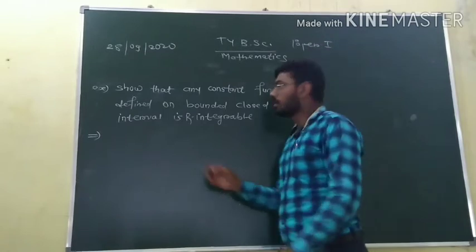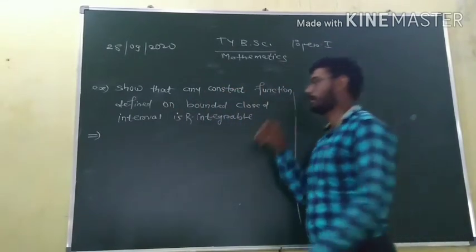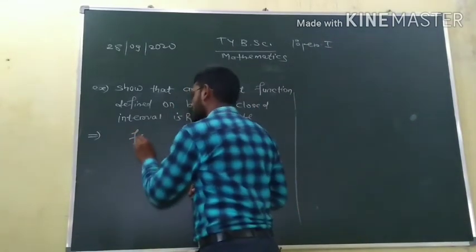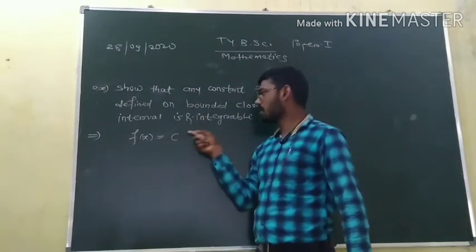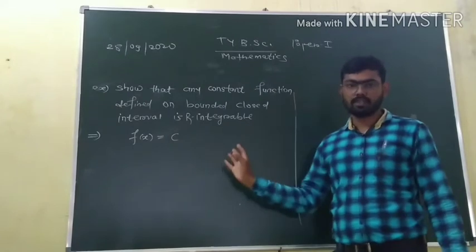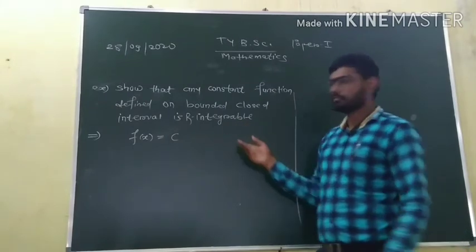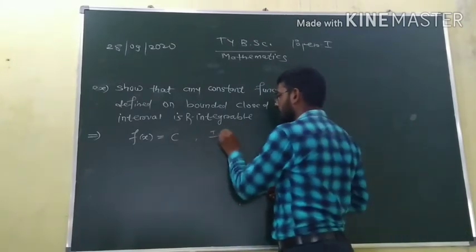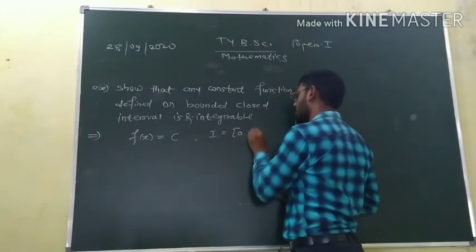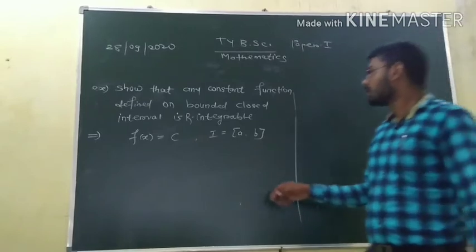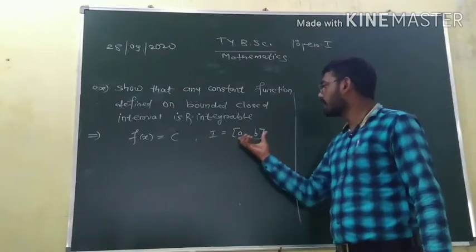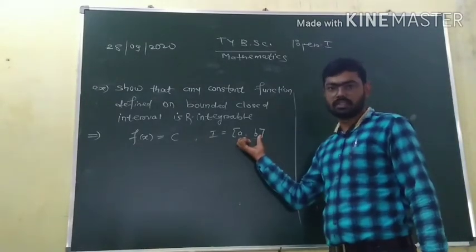So the function is any constant function. We write f(x) = c, some constant function, defined on some interval I = closed and bounded interval [a,b]. Now to find the lower sum and upper sum, we will take some arbitrary partition of this interval.